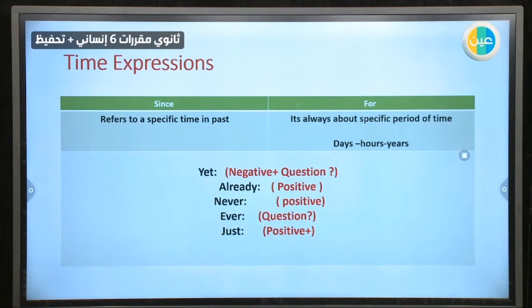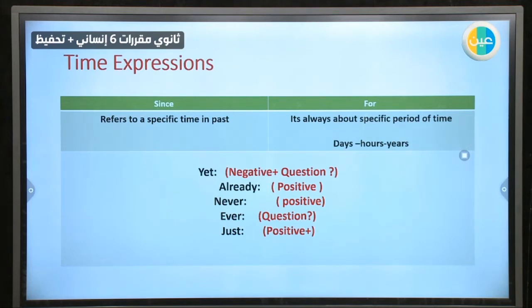Never is used in a positive sentence. Remember, never gives the meaning of negative, but it comes with the positive sentence. I have never tried Japanese food. I have never tried Chinese food.